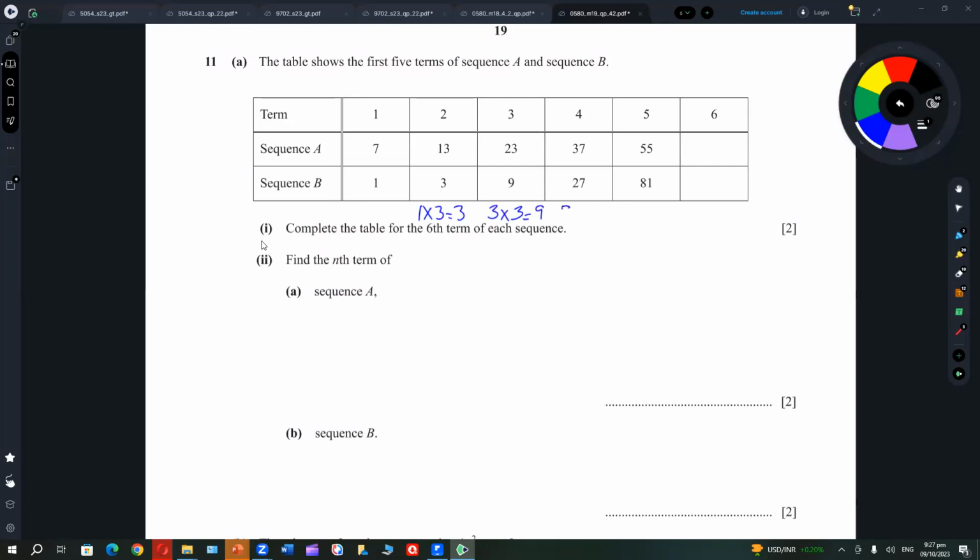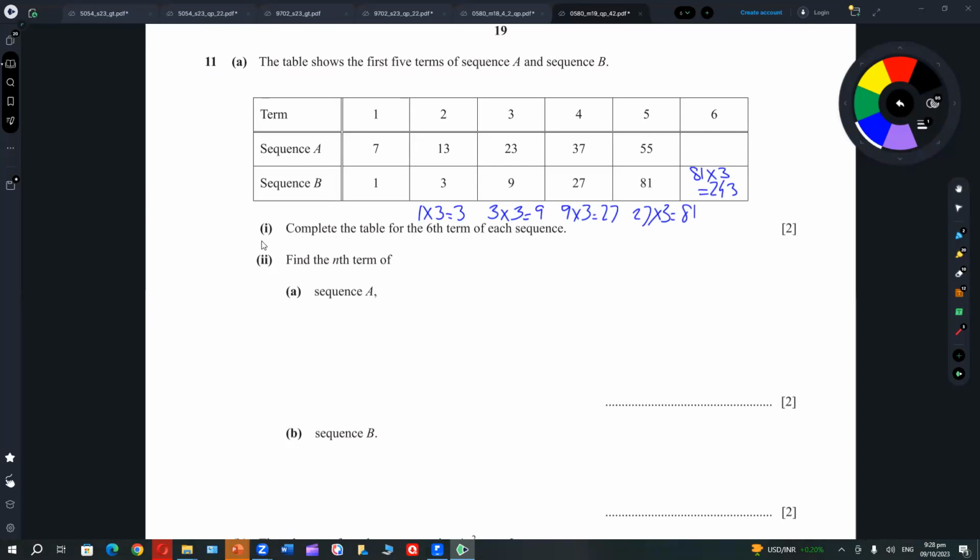Then 9 by 3, 27. This is the pattern coming in B. And then 81 by 3, 243. Right? That is resolved.